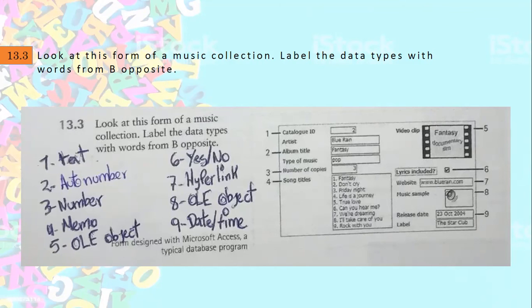It is OLE object. And 6, we have just yes/no. 7, we have a website. It is hyperlink. 8, we have a music sample. It is an OLE object. And 9, we have a release date. It is date and time.